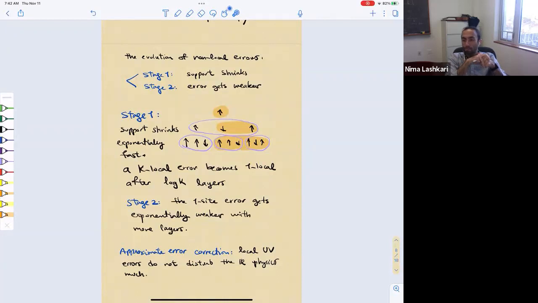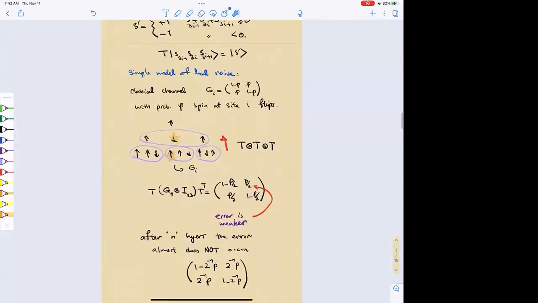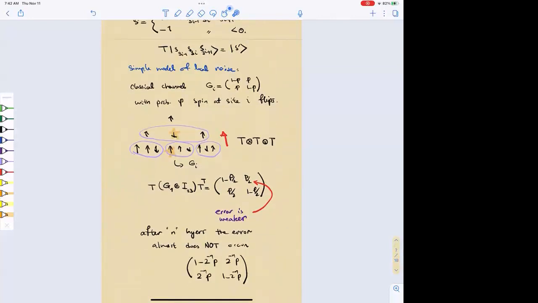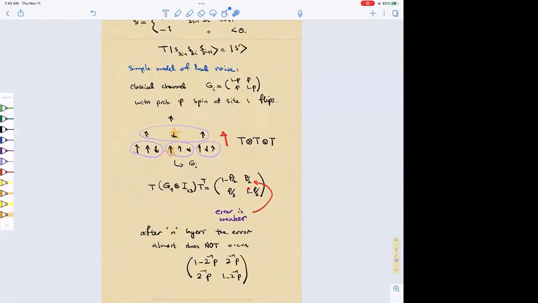Can I ask one question? Sure. Can you go to the previous slide? Yes. Can you explain the 2 to the power of 2? Yeah. Sorry, the power of 2 or this p over 2? The last line, last matrix. Oh, this one.